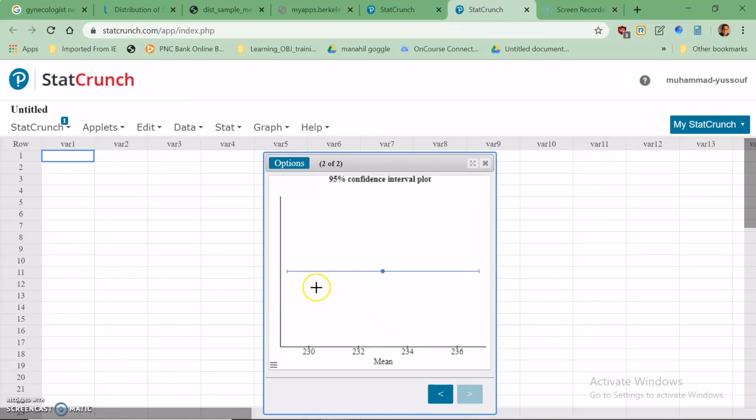Look at this graph. We have constructed a confidence interval. This is the true population mean, right? And everything is visible here. So this is a 95% confidence interval. I hope you understand this. You can create this by hand computation, or you can use technology, and the technology which I told you in this case was StatCrunch. I hope you understand. Thanks for watching.